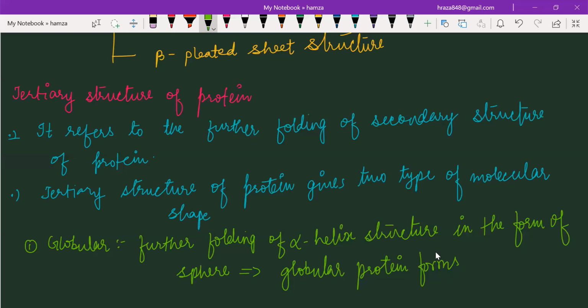Fibrous is basically further folding of beta plated sheet. Then you will get fibrous. Please let me know when you are done with this.